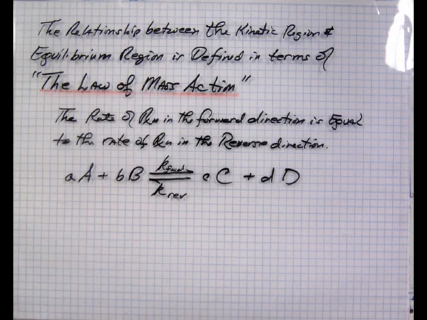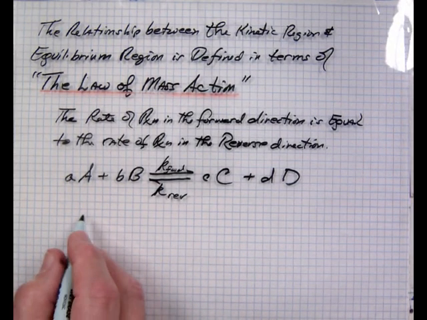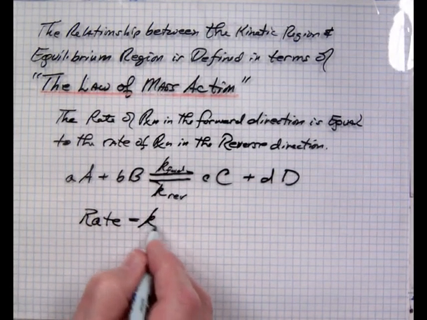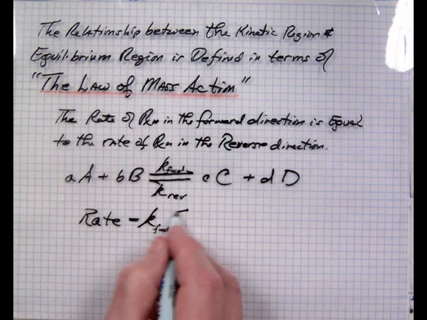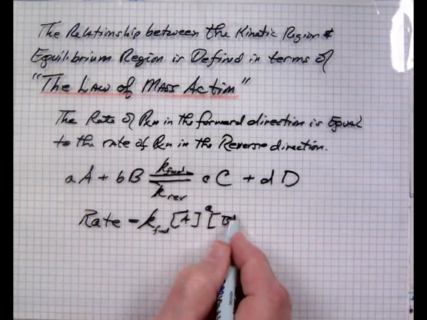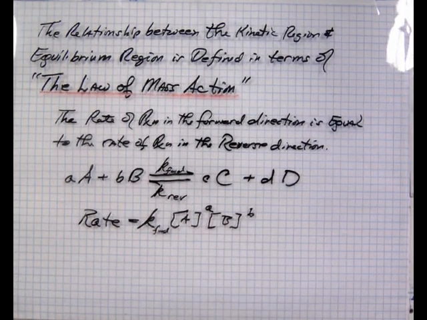When you recall, rate equals the rate constant times the concentration of the components raised to some x and y value. In the equilibrium region, the x and y values are the coefficients of the specified substance in a balanced equation. So for the forward reaction, we can simply write rate is equal to K forward times the concentration of A raised to the a power times the molar concentration of B raised to the b power.